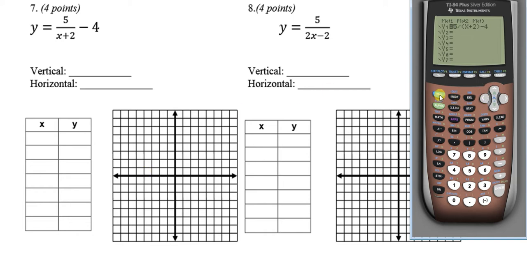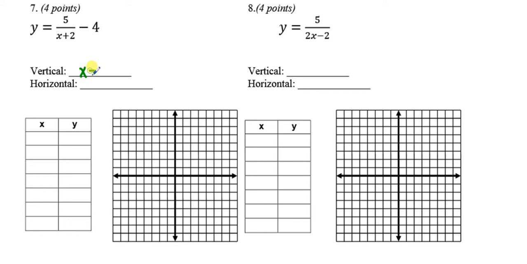I have some x and y, so I'll use the table function and get some points here. But before I do anything, I'm going to put the vertical asymptote in. So x equals negative 2 is my vertical asymptote, and then my horizontal is right here. y equals negative 4. That's a horizontal line.